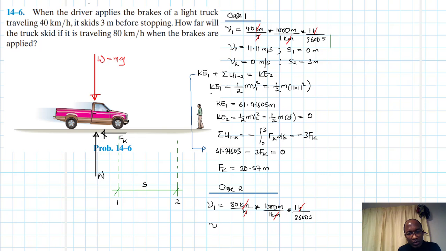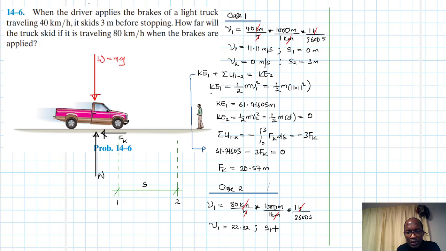So our V1 becomes 22.22 meters per second.